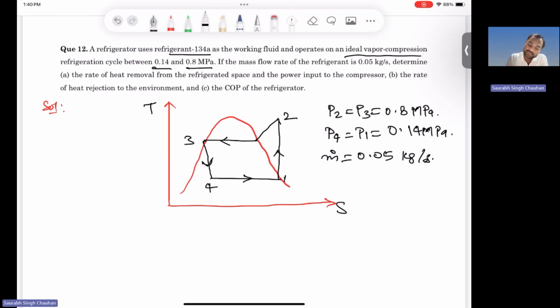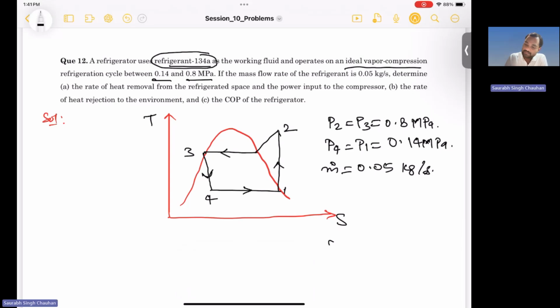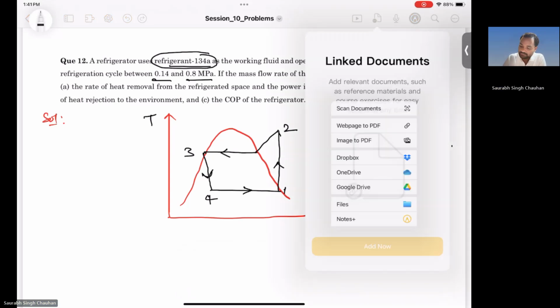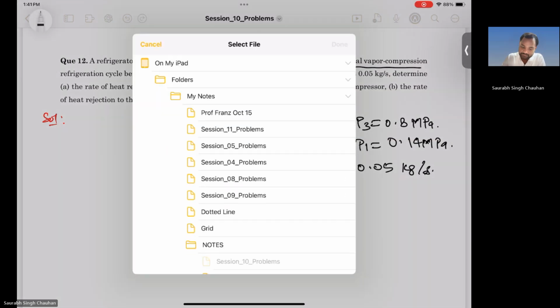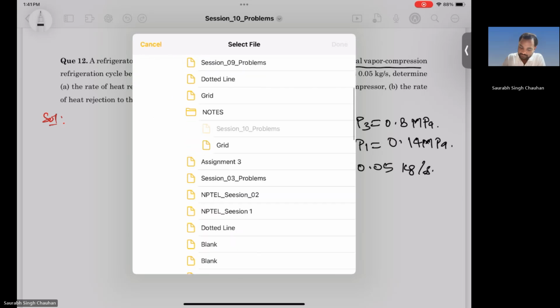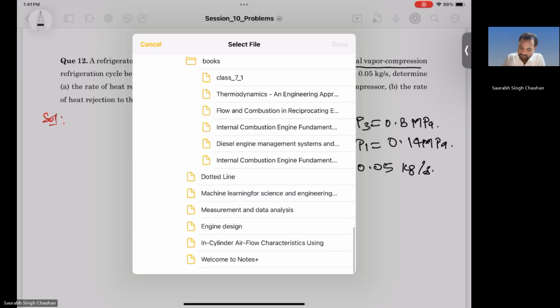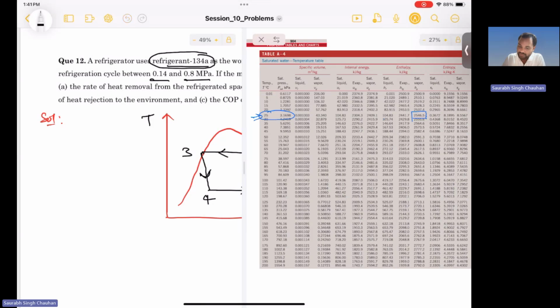And the refrigerant used here is R134A, so we'll have to use the property table for this refrigerant. Unfortunately, the properties are not given, so I will check if I can get the tables. Okay, here's the table.